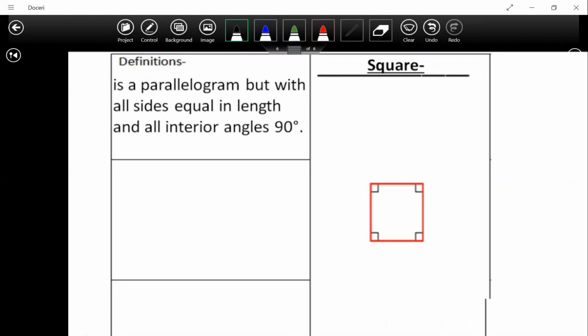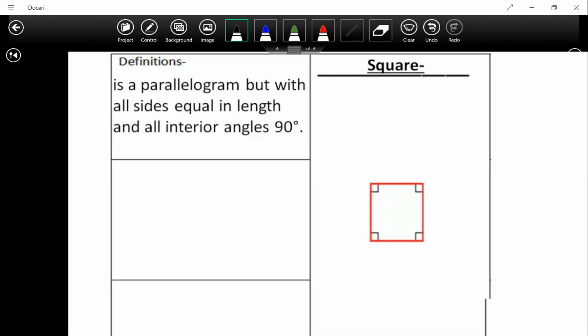Because a square is the most unique one out of all quadrilaterals, it shares a lot of the properties that we need to look at. Will we be talking about squares? We can. It's not the one that we're going to focus on. For this to be a square, you need to have two specific properties, and it deals with both angles and sides. The first property is that it's a parallelogram with all equal sides and length, and all interior angles are 90.